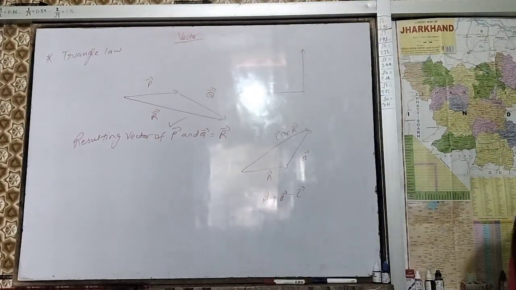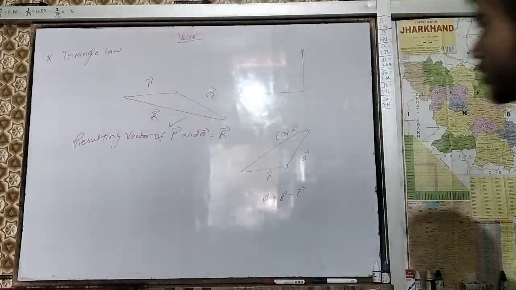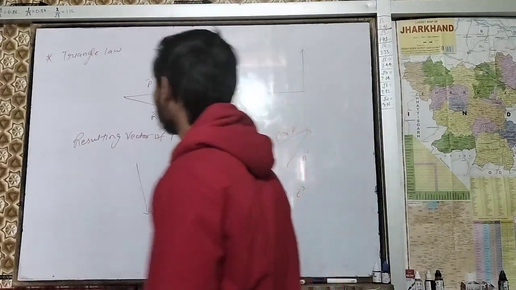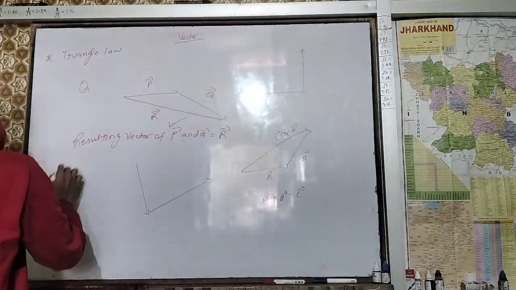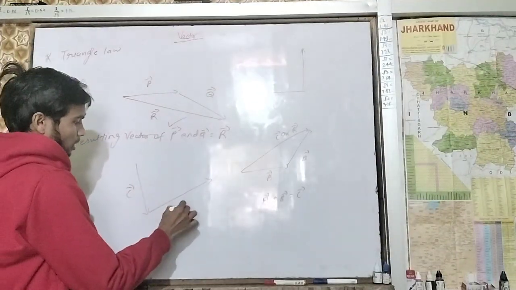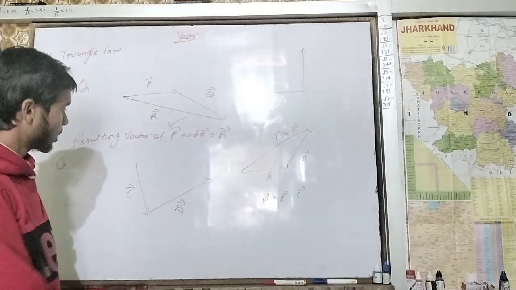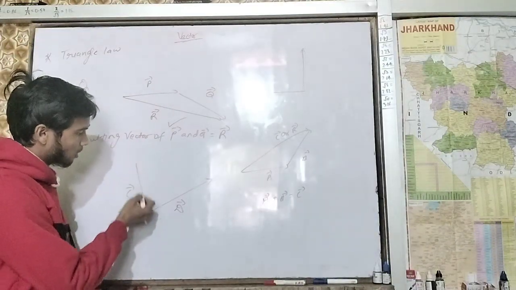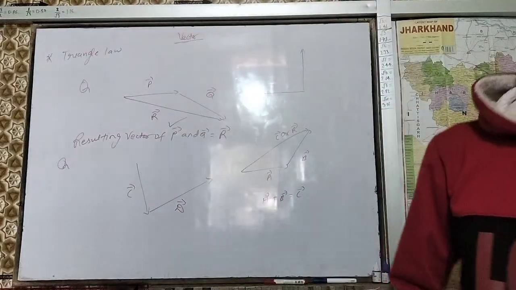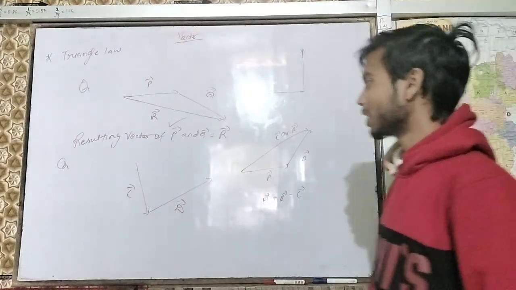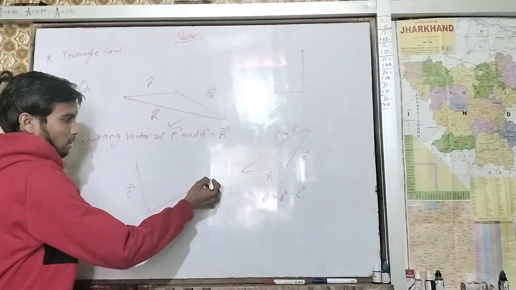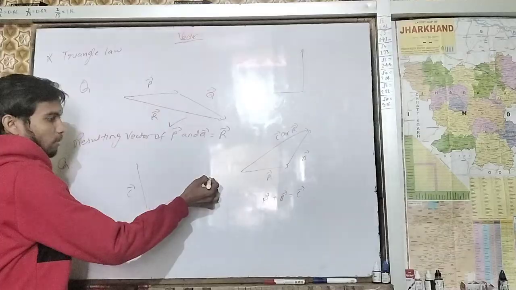I hope you are understanding. Next we have this. Let's say this is C and this is D. It is going like this, head to tail. These two vectors are connected head to tail. Then we will not draw the resulting vector from here.